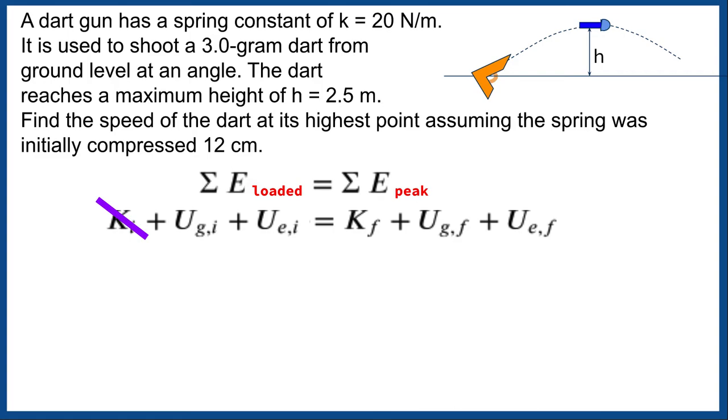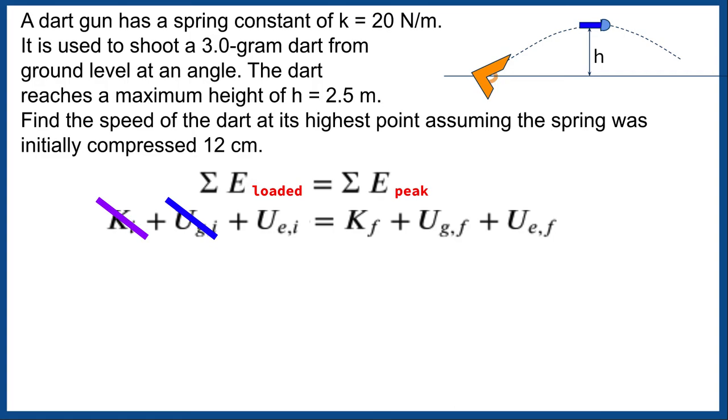But at the peak, there definitely is kinetic energy. The dart would be moving as it's going across the sky, so we would have kinetic. At the bottom, we would not have gravitational potential energy, because the dart gun is at its lowest point. But at the top, at that peak, there absolutely would be gravitational potential energy.